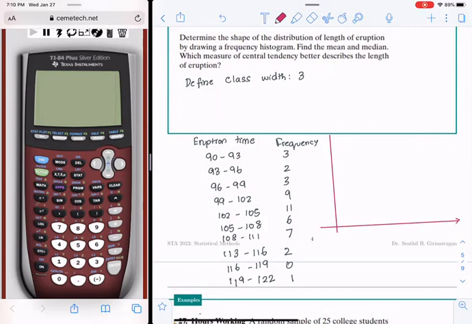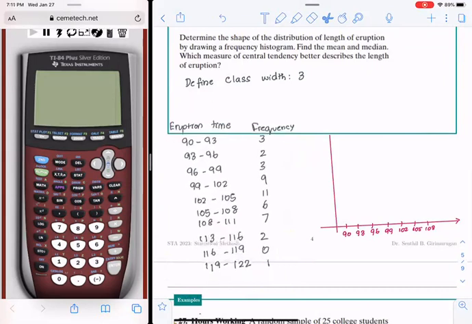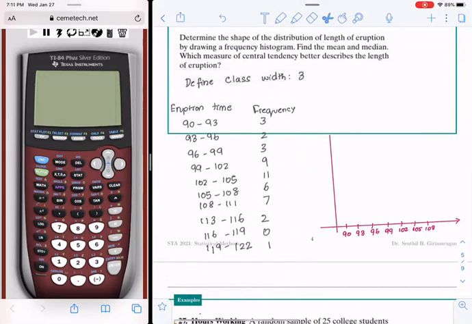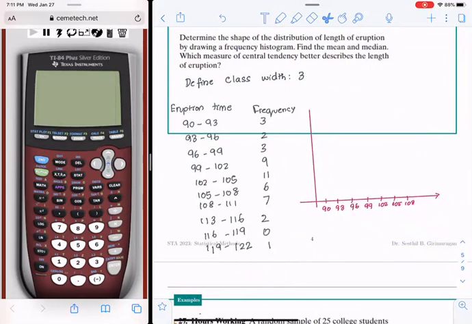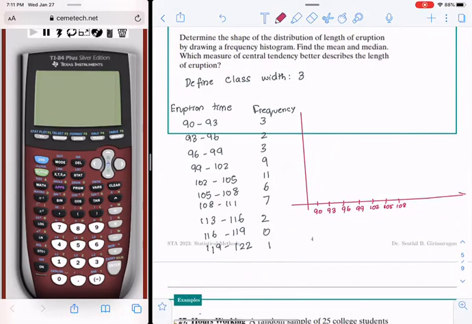So I'm going to say that that is 90, 93, 96, 99, 102, 105, 108, struggling here. 111, 113, 116, 119.